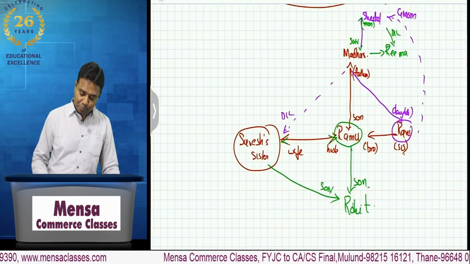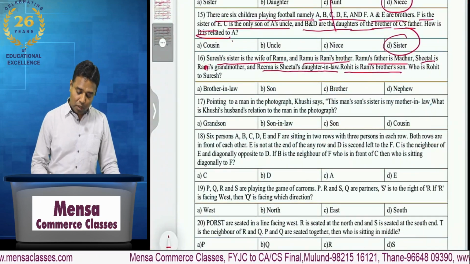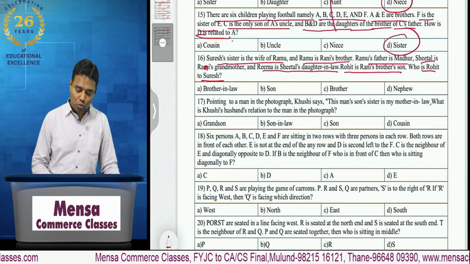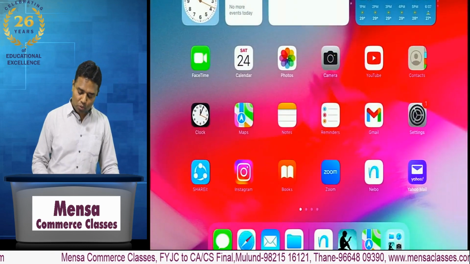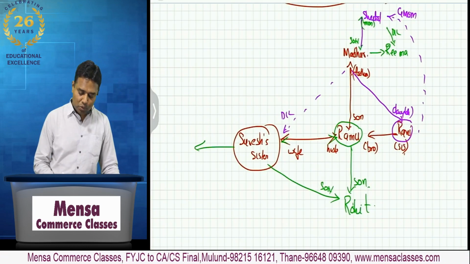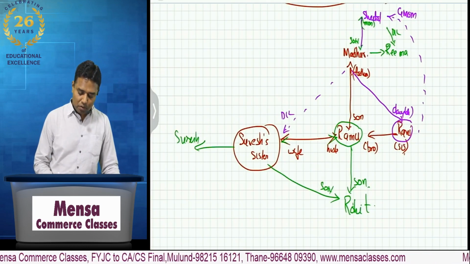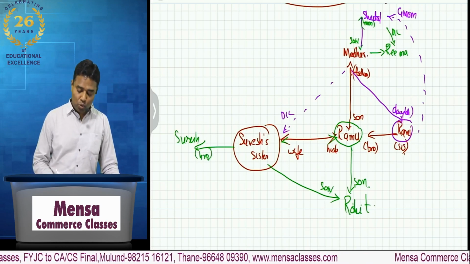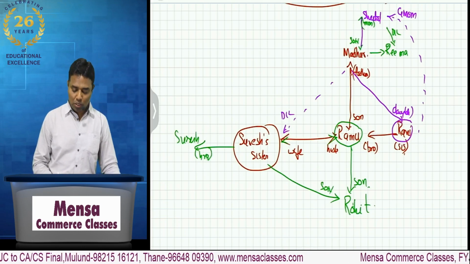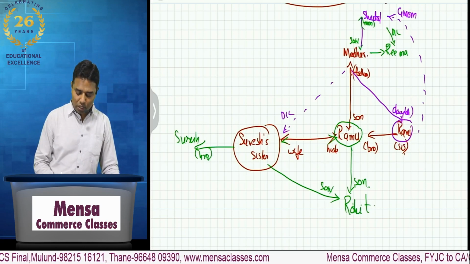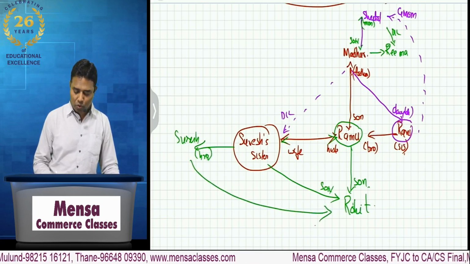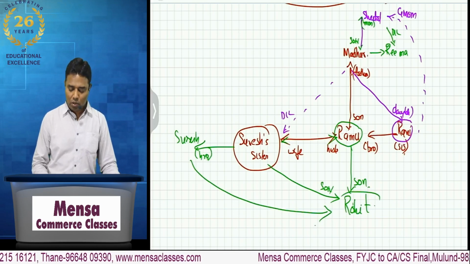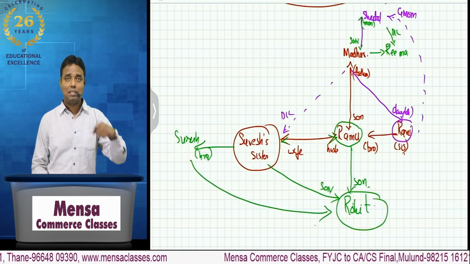Okay. What is it asking? Who is Rohit to Suresh? Now very obviously Suresh is here. Suresh means this is brother to sister. So Suresh will say, Rohit is my sister's son.